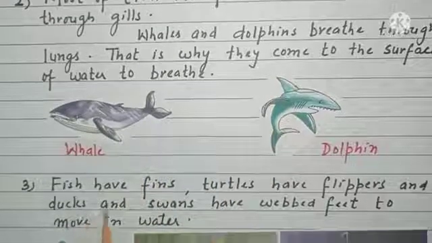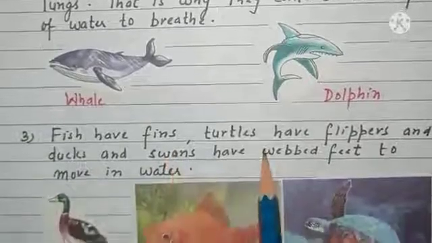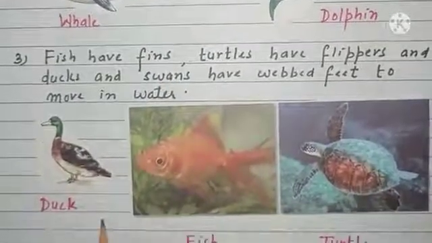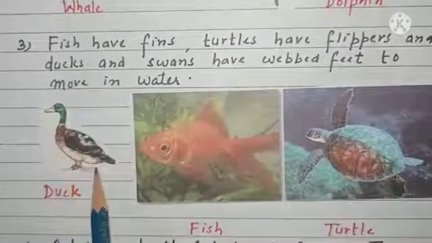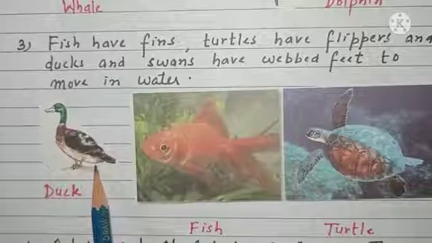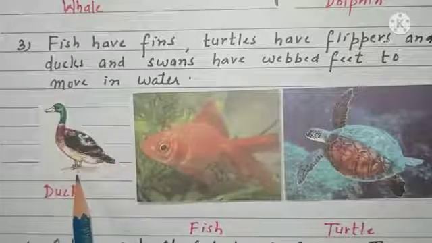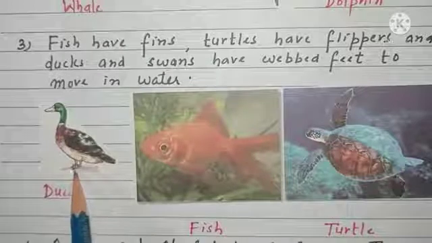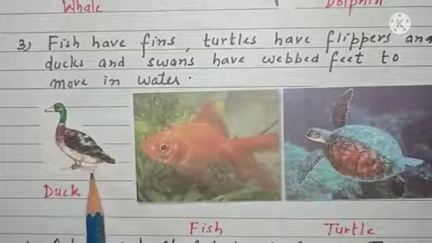Then fish have fins. Turtles have flippers, and ducks and swans, they have webbed feet which helps them to move in water. Webbed means their feet are having the skin in between the toes. Because of that, the swimming in water becomes easier.